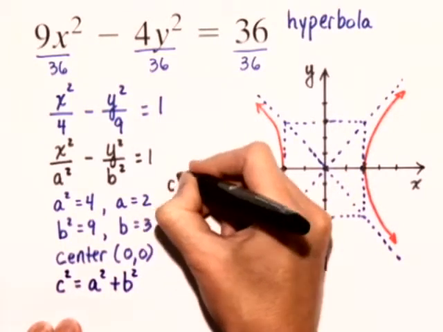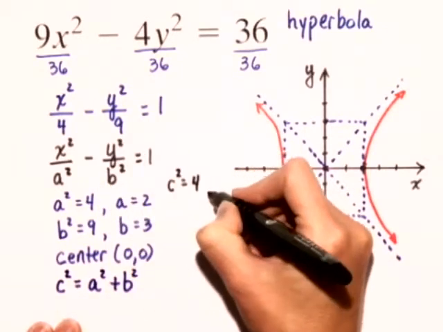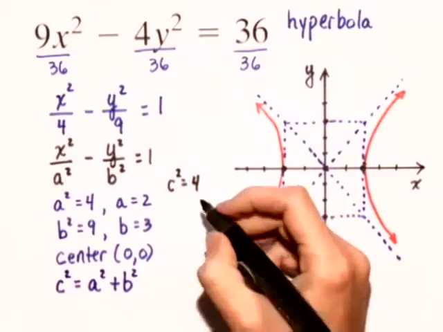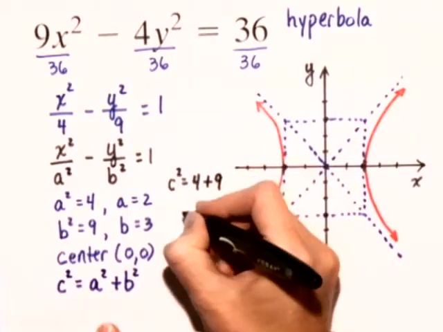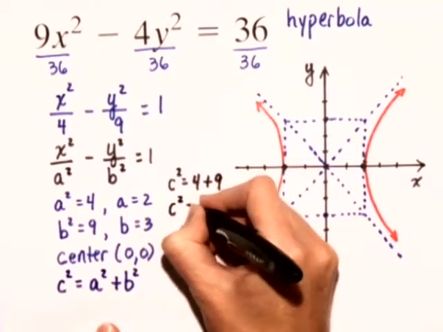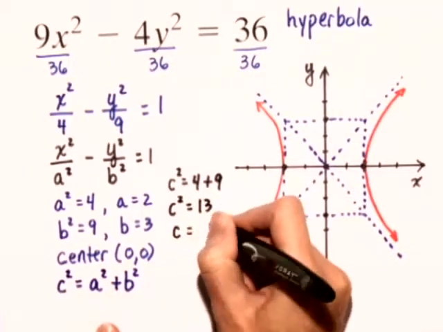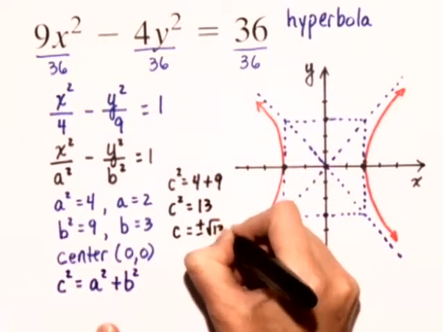So we have c squared is equal to a squared, which is 4, plus b squared, which is 9. So c squared is equal to 13. Therefore, c is equal to plus or minus the square root of 13.